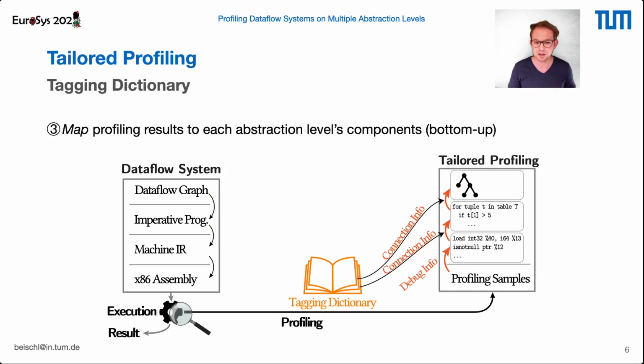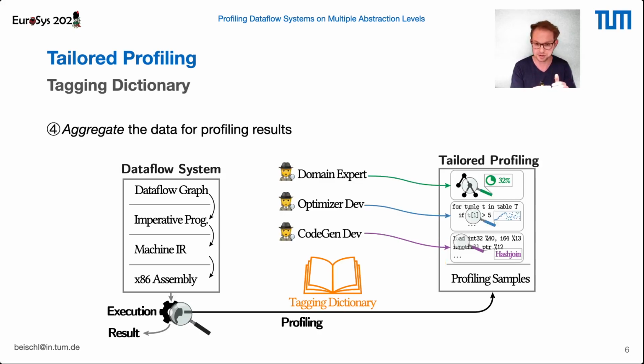For each sample, we then just look up the entry in the tagging dictionary to map the instruction of our generated code in a bottom-up fashion to other components of our dataflow system. And after connecting all the samples to the components in the dataflow system, we have comprehensible profiling results again. So now you saw how this works conceptually, but let me just show you how this works in detail in a short example.